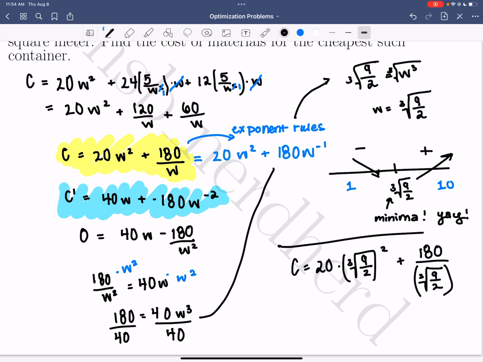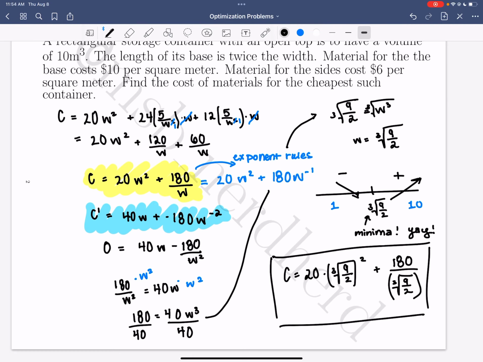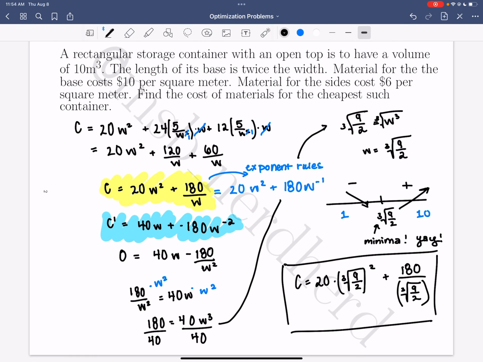And that is our final answer. A little messy, but that is your proper exact answer. Anything after this with Desmos would be a decimal equivalent, which feel free to do if your class lets you do that. I just know on the AP exam and certain exams, you have to be leaving it in an exact answer. But that is our cost.